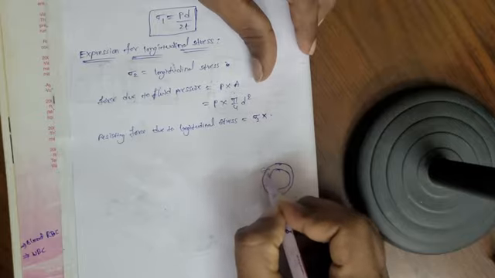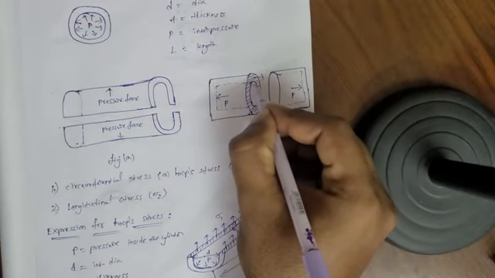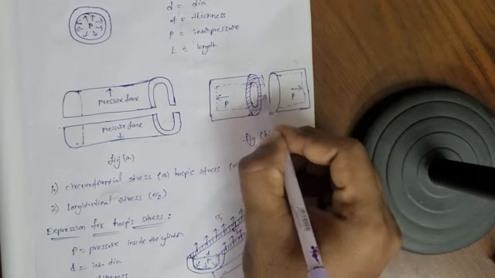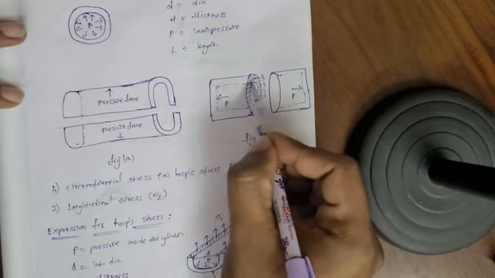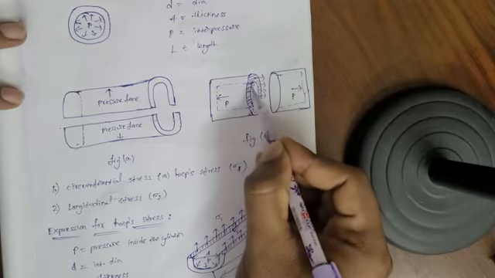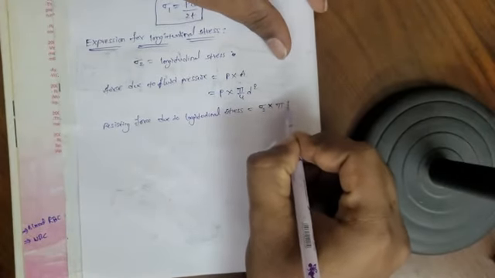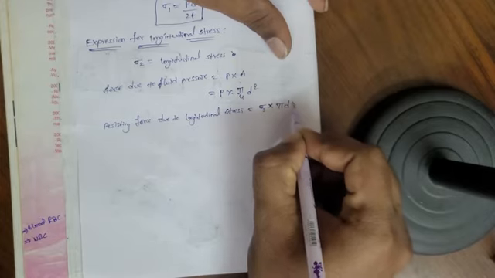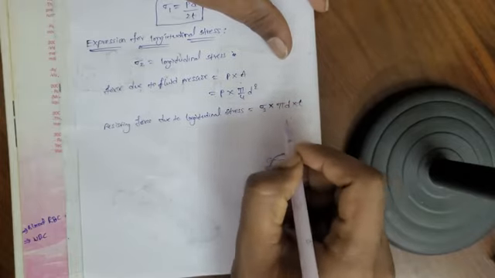Here the stress is developed in this place. That means simply the stress is developed opposite to that force. So here the stress is developed at the circumference of the circle, circumference of the thickness. That means the circumference of the circle is taken as pi d, and it is acting at the thickness of the cylinder. That means pi d into T.